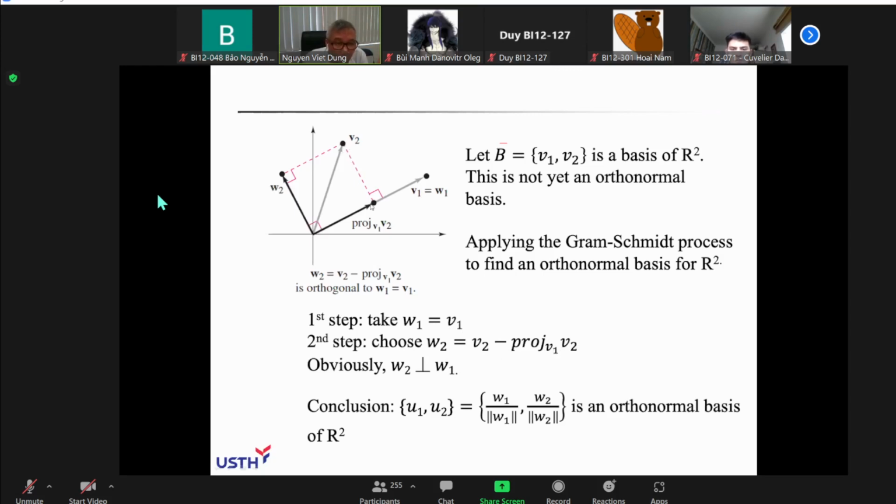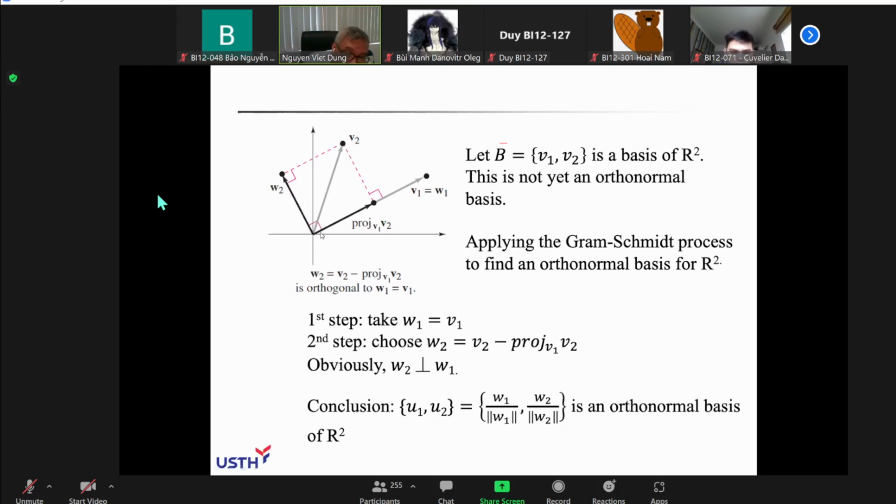The projection of v2 on v1 is that vector. And v2 minus the projection of v2 on v1 means the vector going from that point to this point. Or if we put that vector at the origin, you get w2 to be that one.